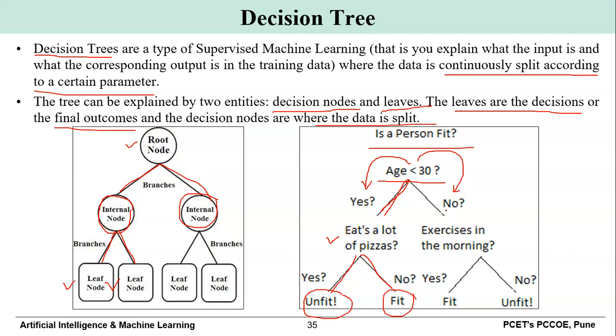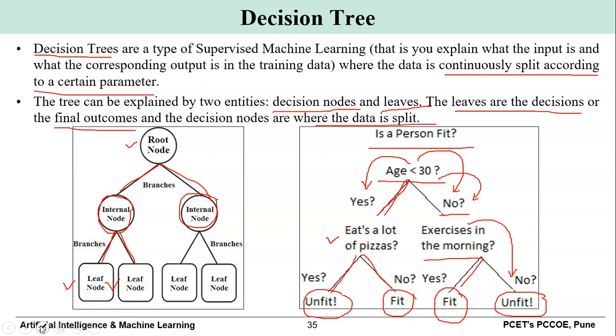On the other hand, if the age of a person is greater than 30, but he does exercise in the morning, then based on this we can make a final outcome that the person could be fit. The other possibility is also there: age is greater than 30 and that person doesn't do exercise, so we can say that he may be unfit.